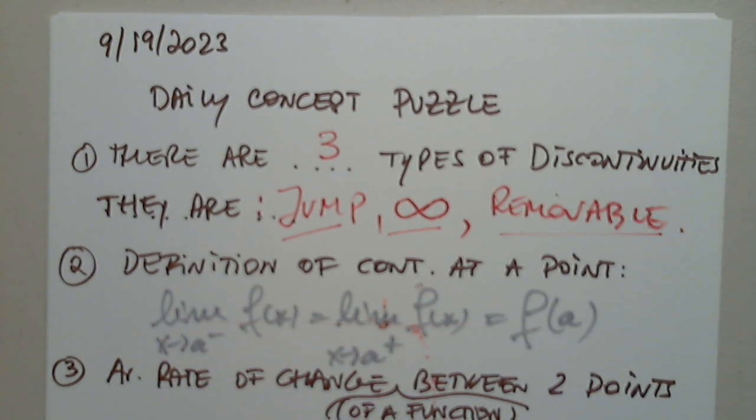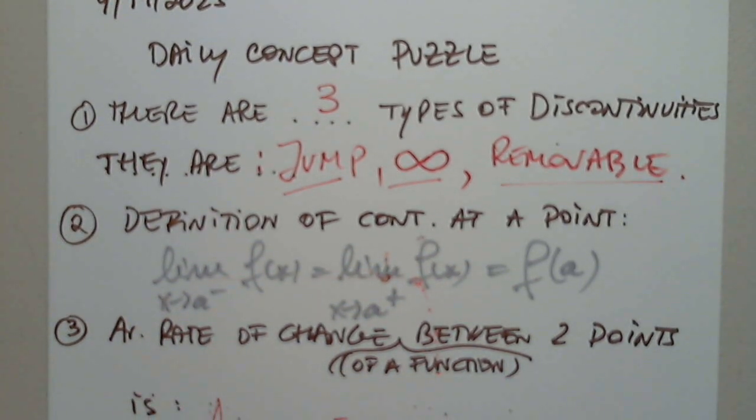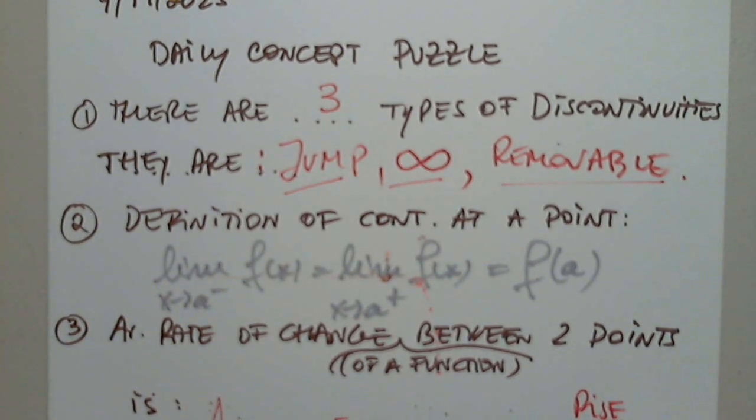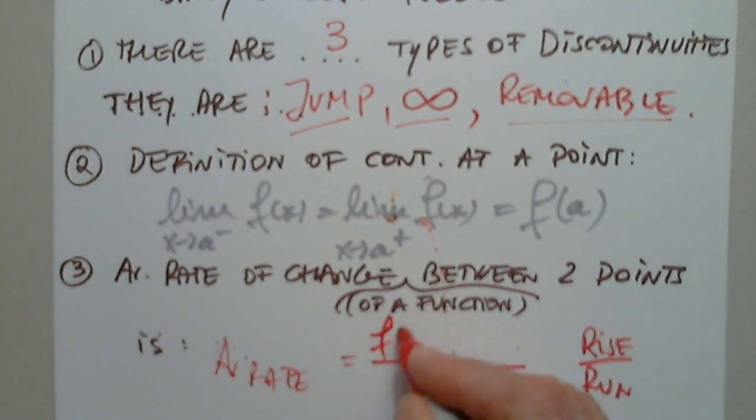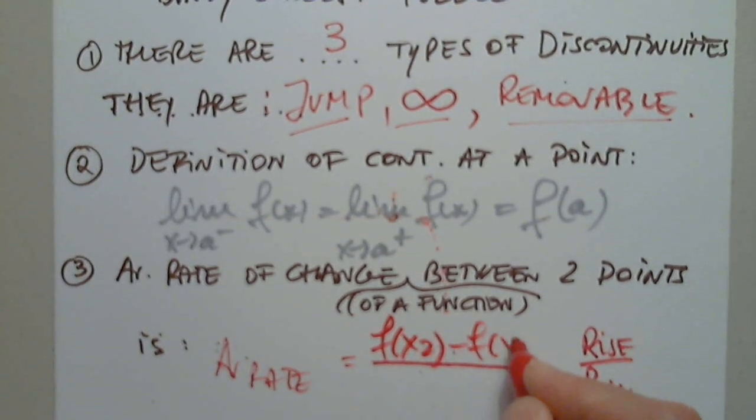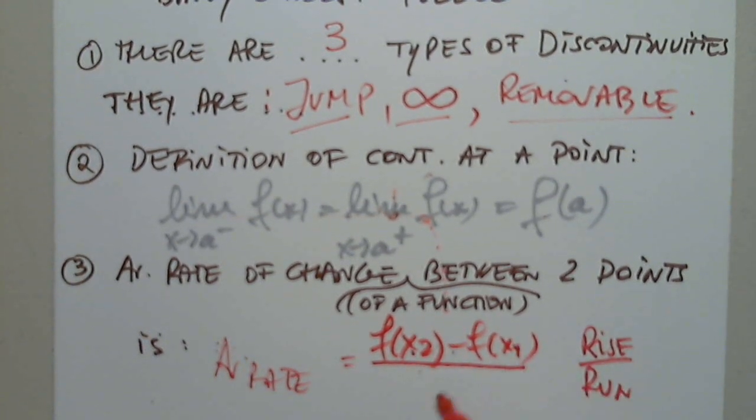Is it x2 minus x1 over y2 minus y1? Careful, it has to be rise over run, not the other way around. It's f of x2 minus f of x1 over x2 minus x1. Exactly. Thank you. Very good. Thank you so much.